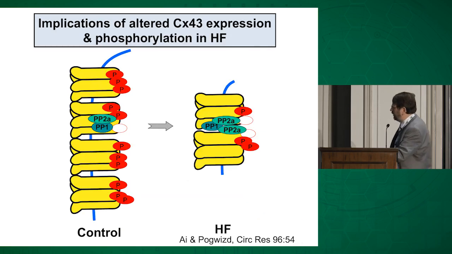And then to complement that, this is a schematic from work that Shwin Ai had done when she was in the lab prior to her joining the faculty at Rush, some very nice work showing that in heart failure, and this is true both in human as well as in animal models of heart failure, the problem is not only in ion channels, but also in connexins. These are schematics of gap junctions and connexons.